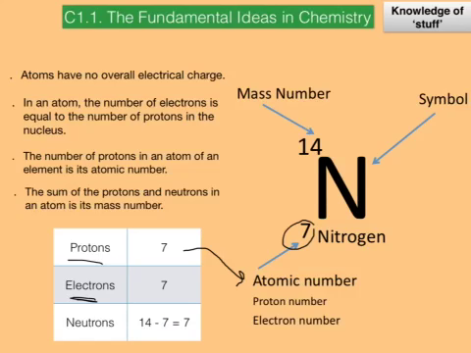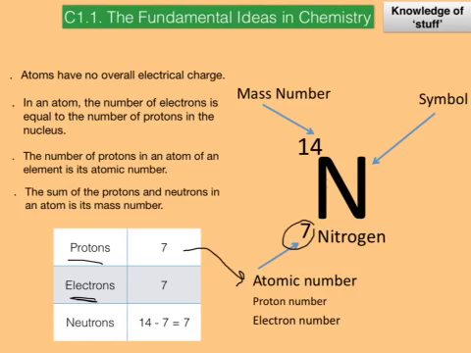And the reason we can do that is because of this little fact here. The sum of the protons and neutrons in an atom is its mass number. So up here, you've got your protons and your neutrons. And if you take away your protons, you're just going to be left with your neutrons. So that's what we're doing down here.